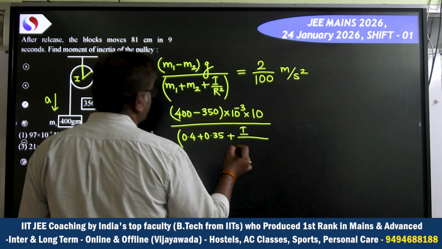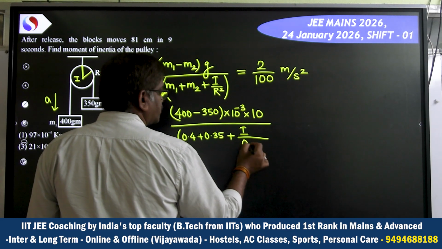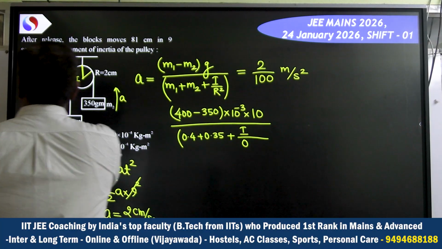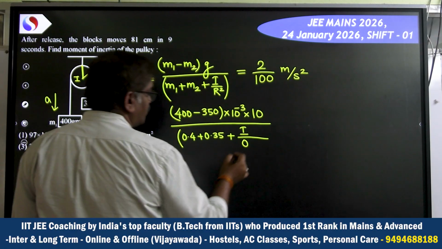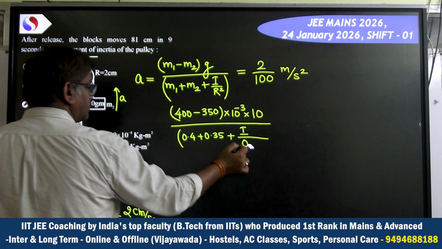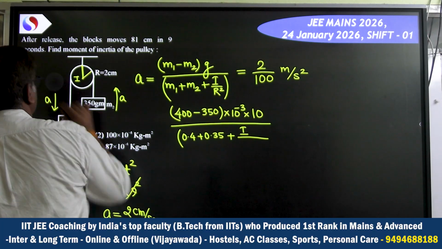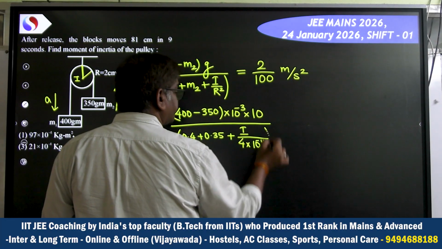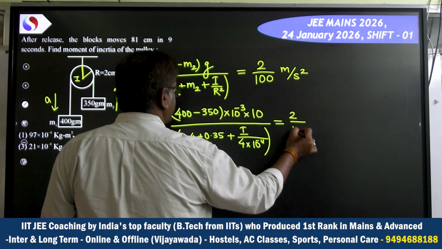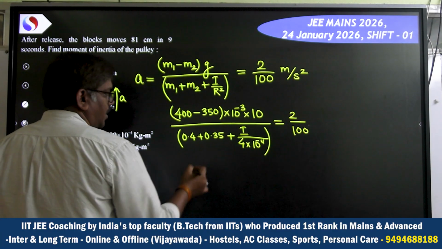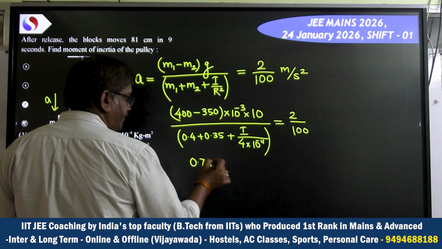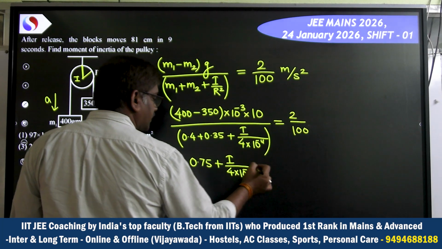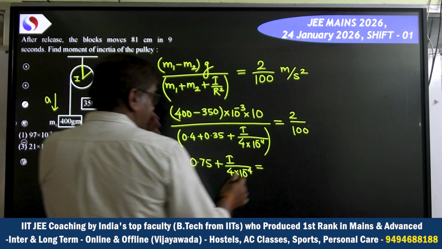R is 2 centimeter, so 2 centimeter means 0.02. Square of that is 4 into 10 to the power minus 4. This is equal to 2 by 100. Let me solve this. This is 0.75 plus I upon 4 into 10 to the power minus 4 is equal to the rest of the term.